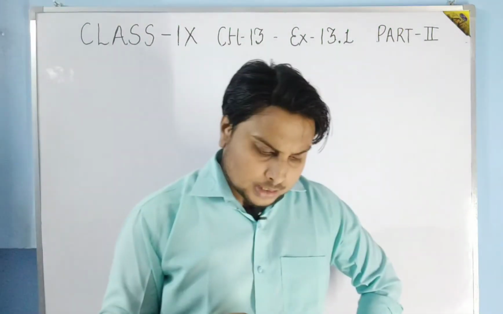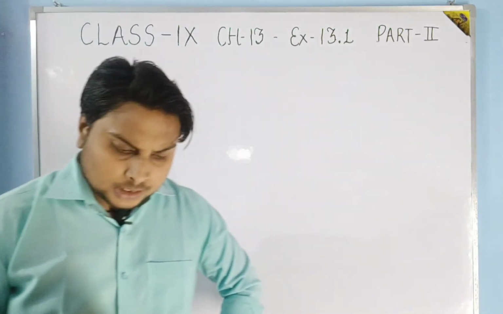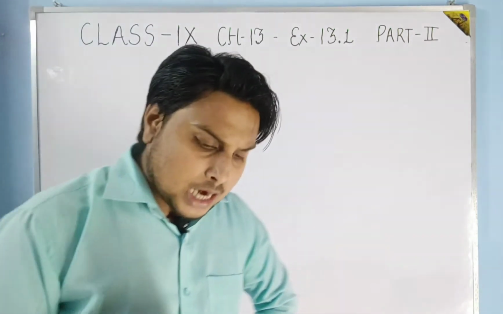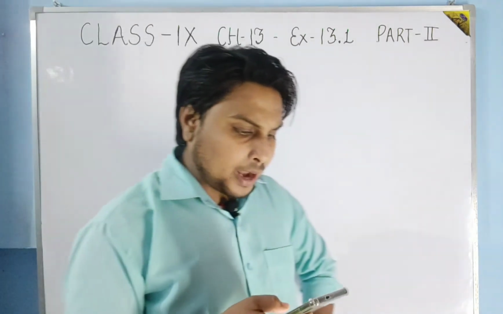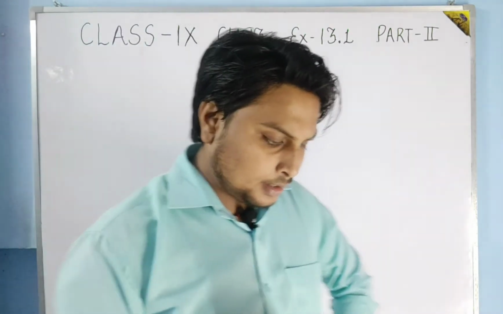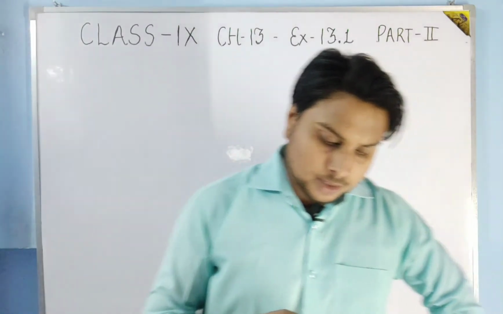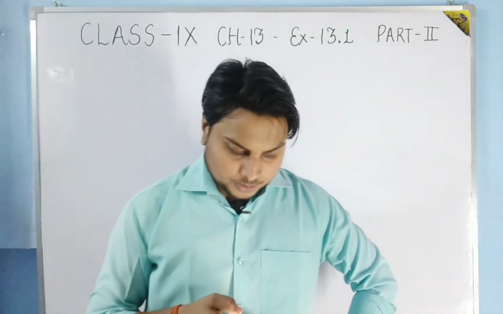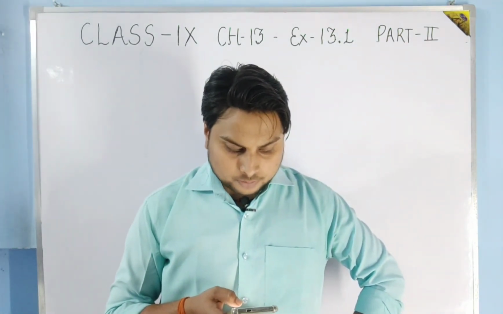Question number 7 is Shanti Sweets stall was placing an order for making cardboard boxes for packing their sweets. One sweet shop is there and they are placing their order, and for that they are making the cardboard boxes. Two sizes of box were required.